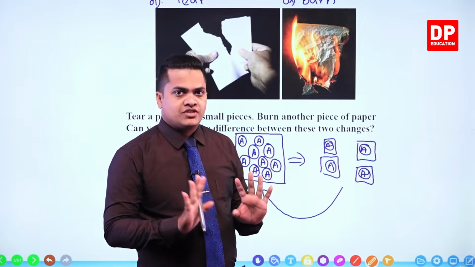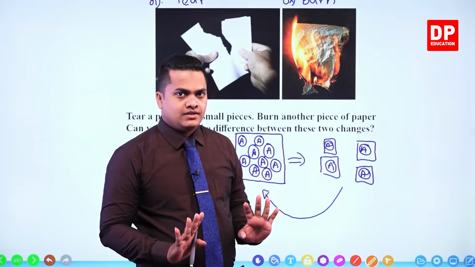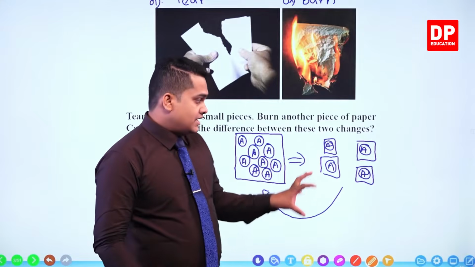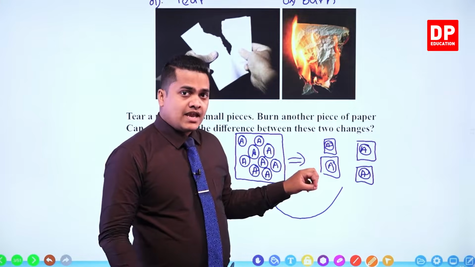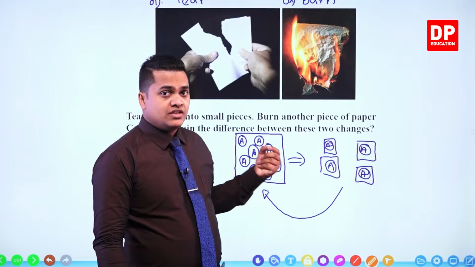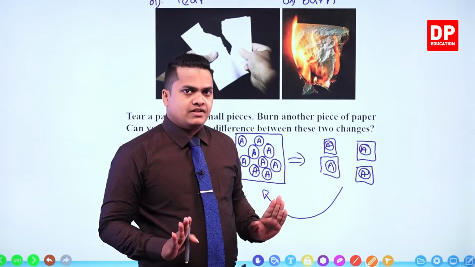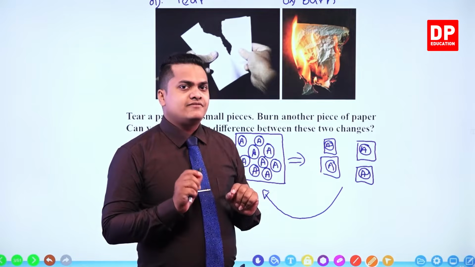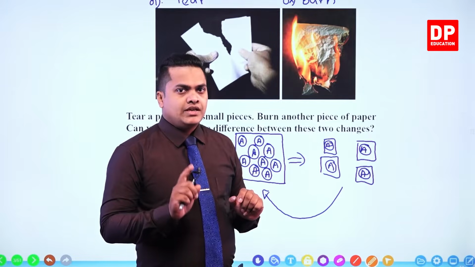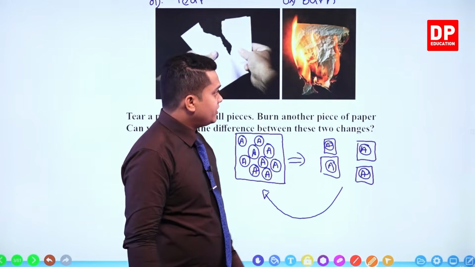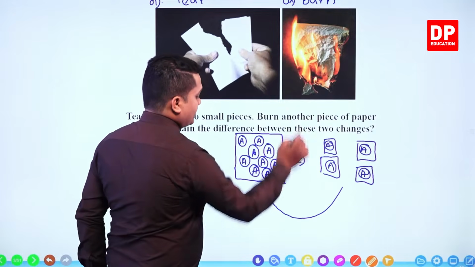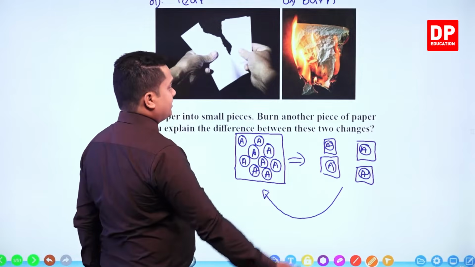Size has changed slightly, that's it. And this tearing process can be returned to the original state up to a certain level. So this is the first change. Now let me take you to the second change given here, burning.